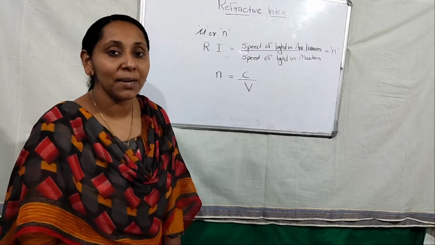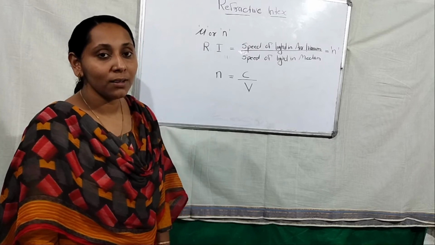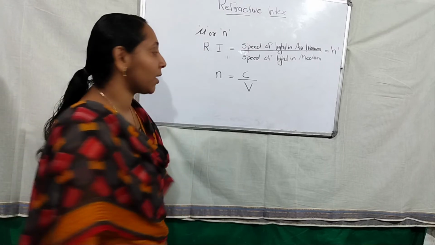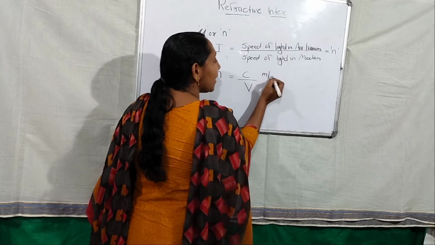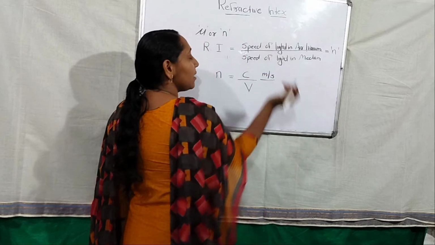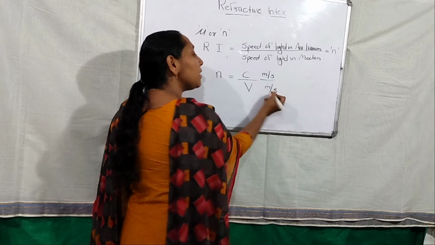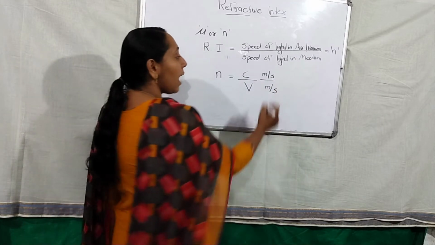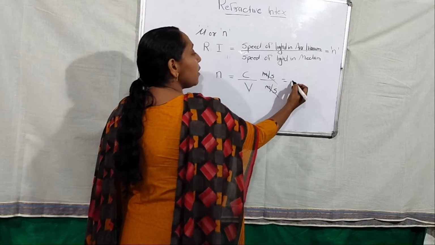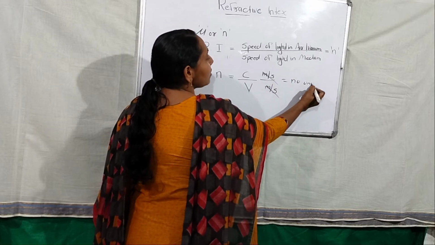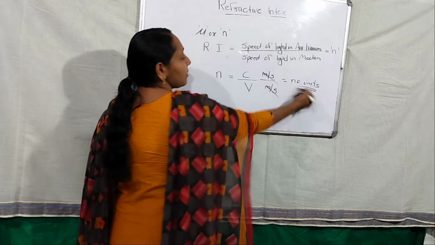Speed equals distance by time, that means meter per second. Speed of light in medium is also speed, so the unit is also meter per second. Both have the same units, so there is no unit in the case of refractive index.